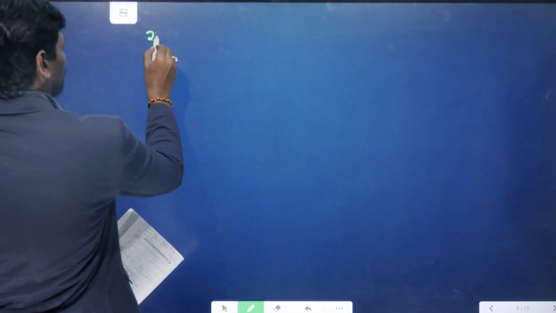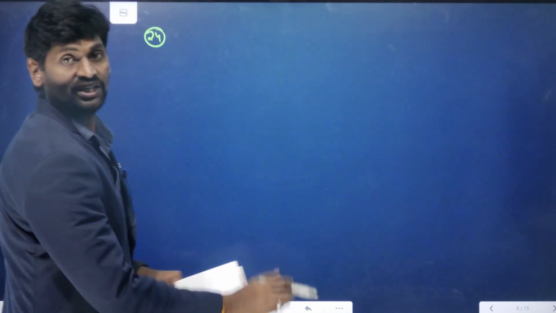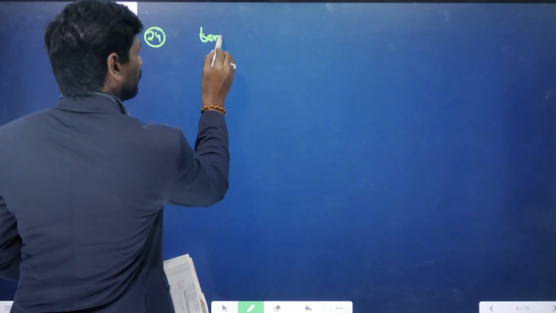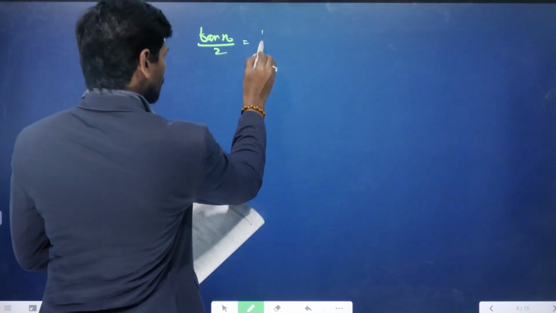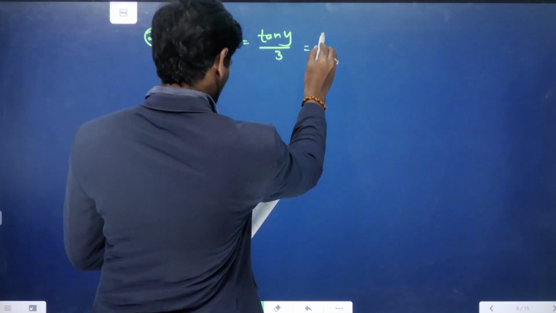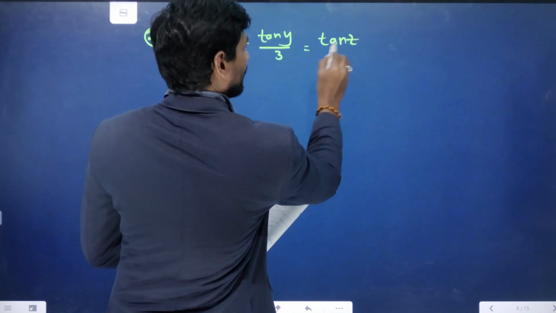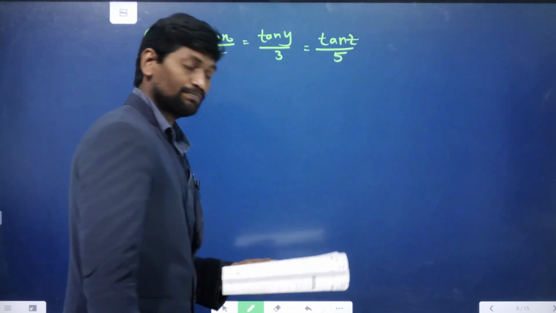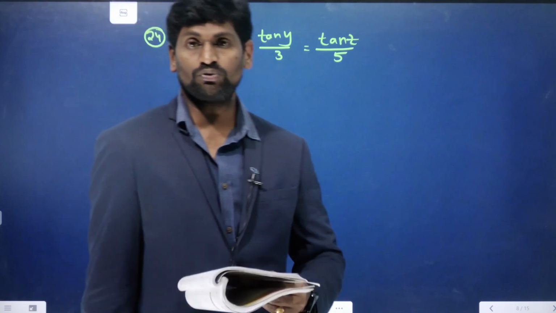Let us see the problem, that is the 24th one. 23 we will discuss in multiple angles time. 24th one: tan x divided by 2 equals tan y divided by 3, that equals tan z divided by 5, where x plus y plus z equals pi, nothing but 180 degrees.